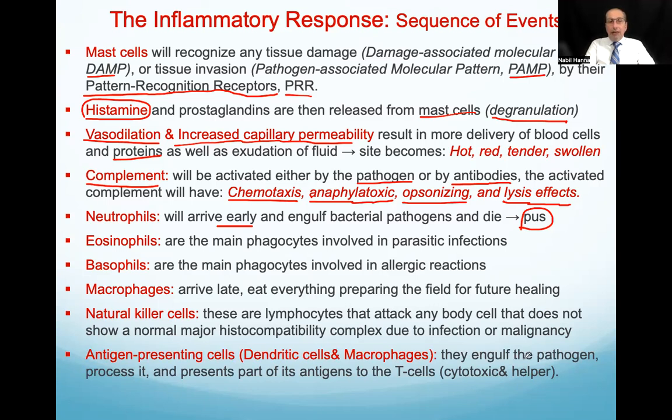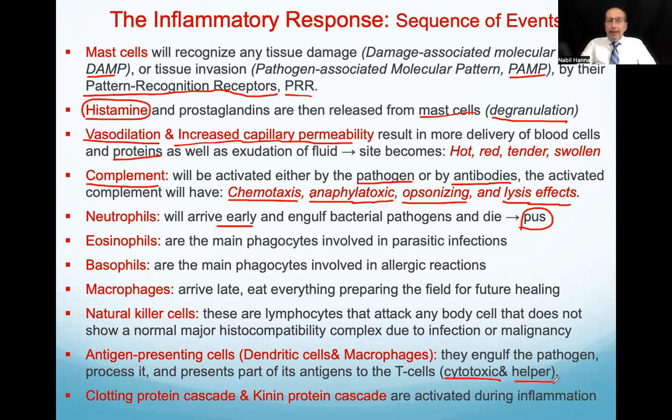They engulf the pathogen, process it, and present part of its antigen onto the T cells. They present it to the T cytotoxic and the T helper cells in order to identify the pathogen and kill all cells infected with this pathogen.